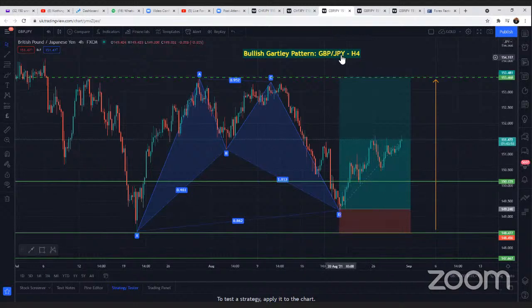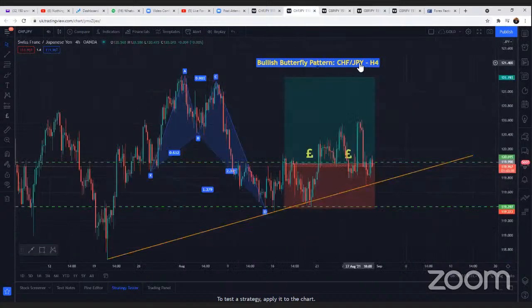And the JPY, as you can see here, pound JPY, CHF JPY, with both of them, the JPY is the quote. The first one is the base currency, and this one is the quote.